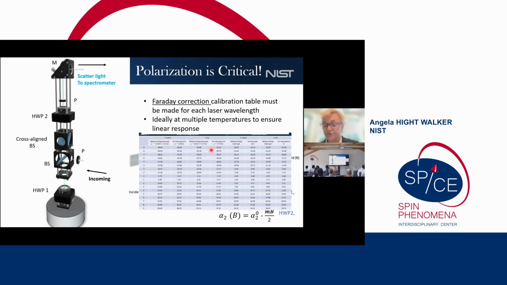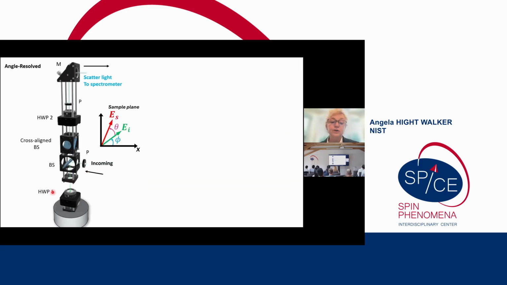The instrument. So for that correction, we have 4 polarization optics: two polarizers, both on the incoming and the scattered light, as well as 2 half-wave plates, one when the light is coming into the sample, and then one on the Raman scattered arm.